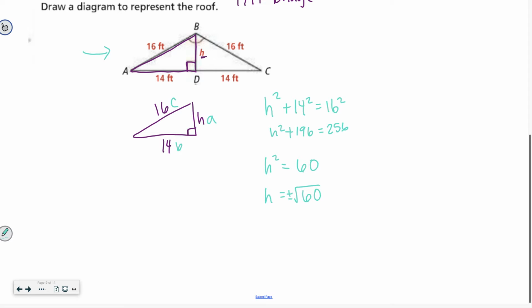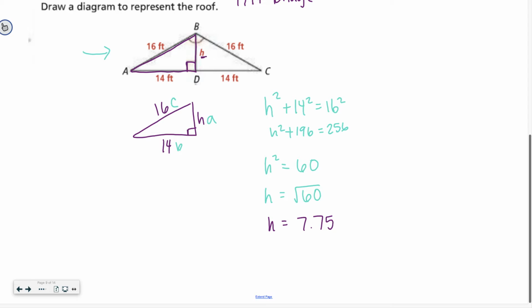And normally we say plus or minus, but since we're talking about distance, we can't have a negative, so it has to be the positive form of that number. So what is the square root of 60? The square root of 60 is 7.74, or 7.75, sorry. So that is the height of the house.